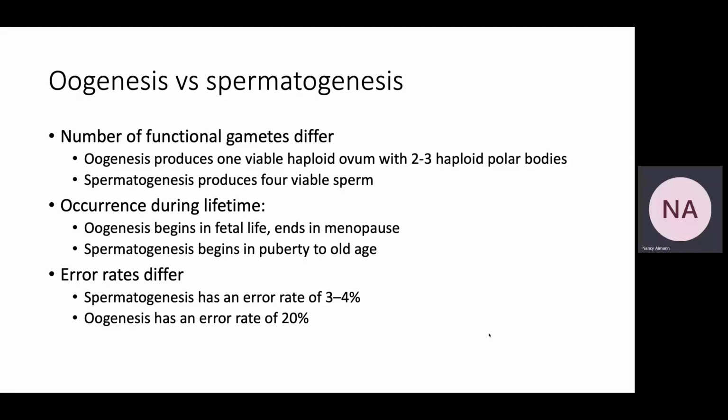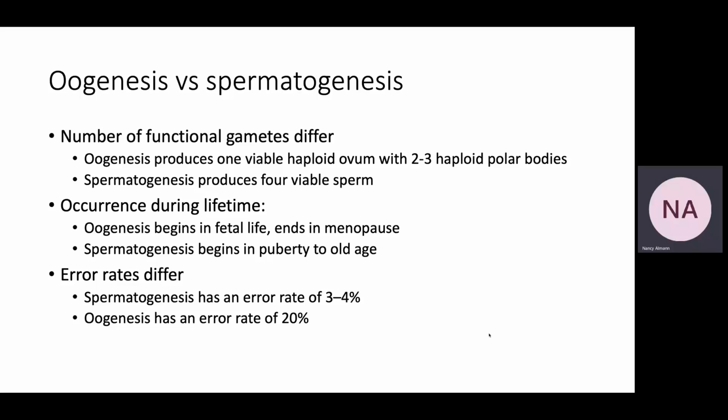I'm not talking about how viable the sperm are, I'm saying it continues. In terms of the number of functional gametes, there will be some major differences. Oogenesis produces a single viable haploid ovum with 2 or 3 polar bodies, which are also haploid. Spermatogenesis is going to produce 4 sperm, all of which, we hope, are viable.